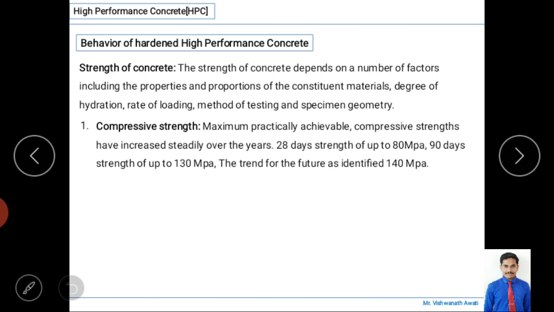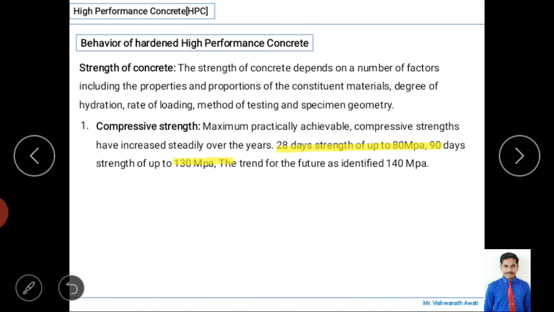For 28 days of curing, we are getting up to 80 MPa, and we are getting even higher compressive strength at 90 days. If you see the 90 days of testing, in some places they made tests and research, and they are getting high performance concrete strength up to 130 MPa. 130 MPa, very huge, right?